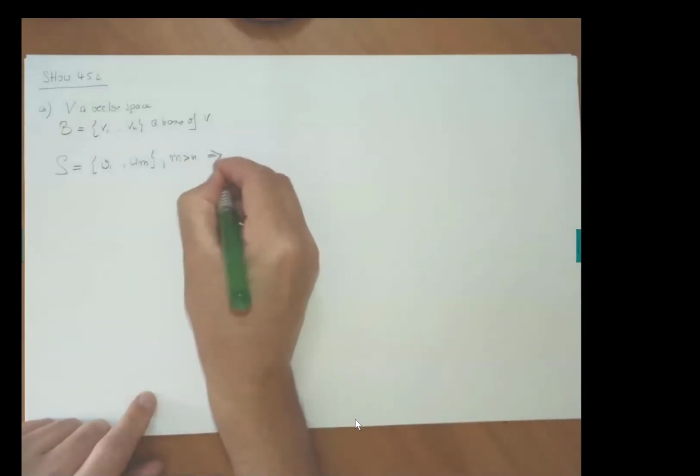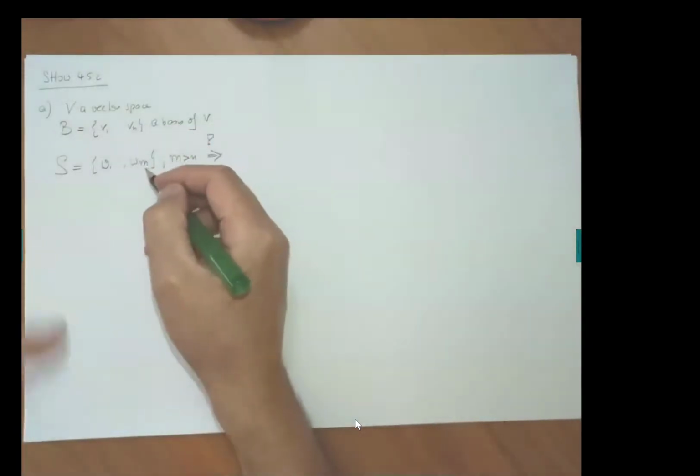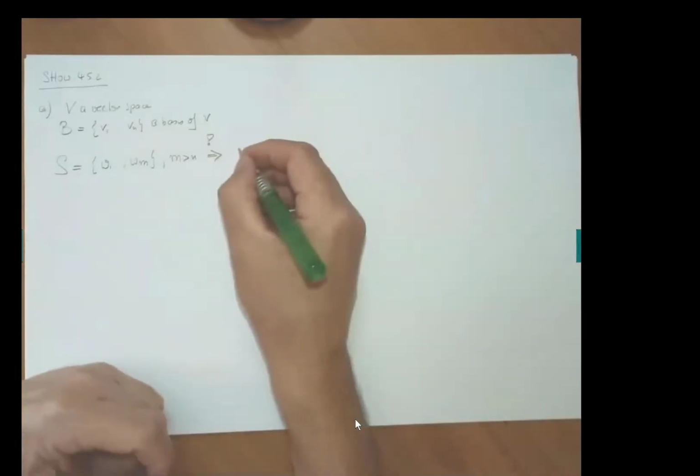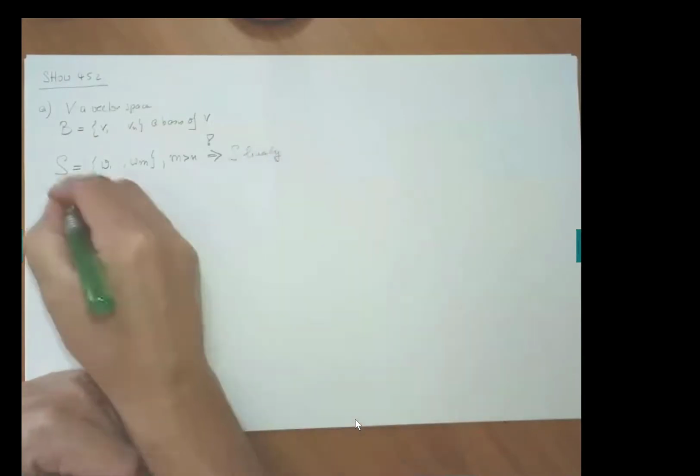And what we need to show is that this set is linearly dependent. So if you have too many elements, there must be some linear dependency in there. So S is linearly dependent.